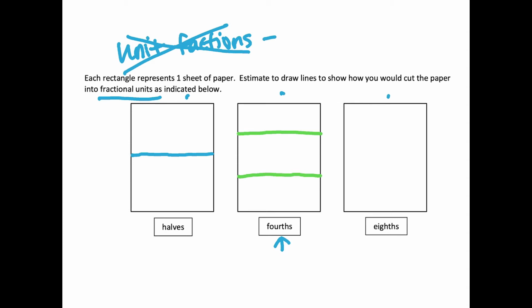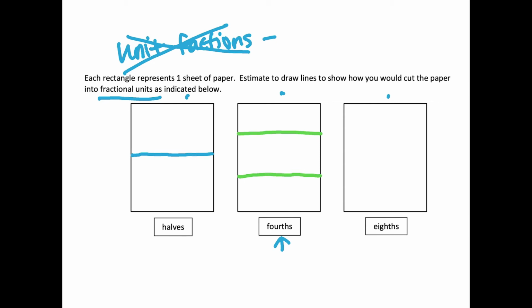Okay, next one, eighths. Ooh, eighths. Now we're really getting higher, right? So 8 means 8. I'm going to partition this piece of paper into 8 equal parts. I'm going to put 1 finger down, which gives me 7 lines, okay?